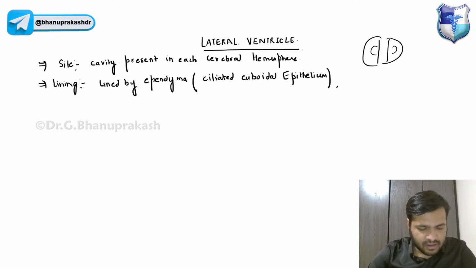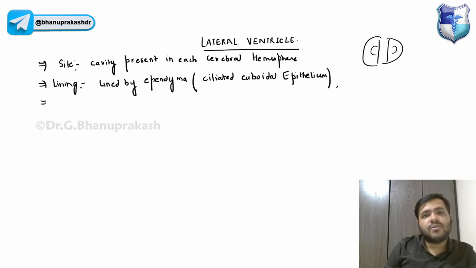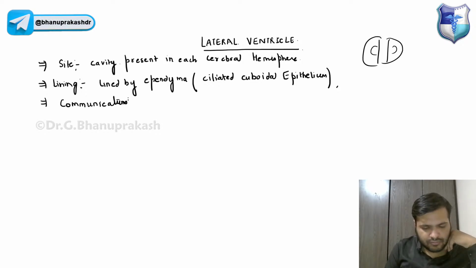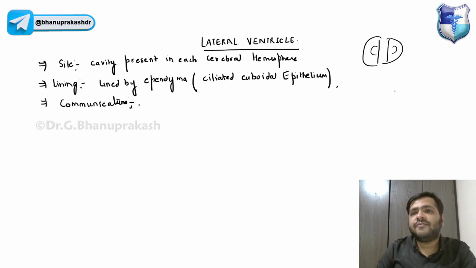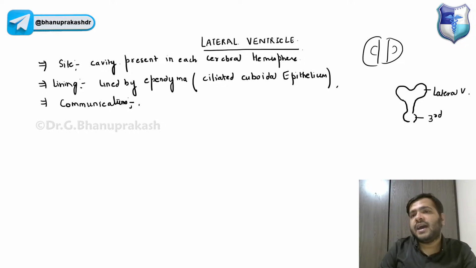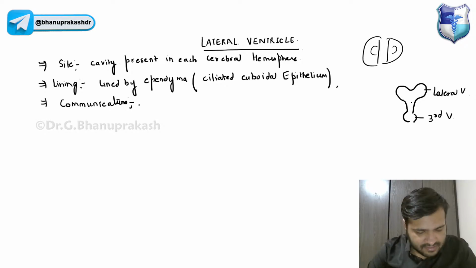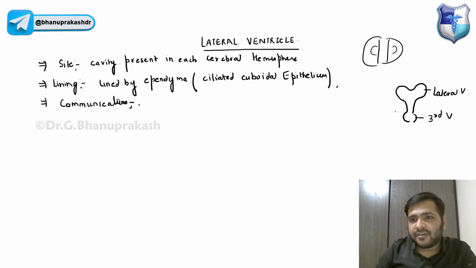Now, guys, the third thing that you have to know about the lateral ventricle is its communications. These lateral ventricles basically communicate to the third ventricle through the interventricular foramen. इसको हम लोग क्या बोलते हैं? Interventricular foramen.